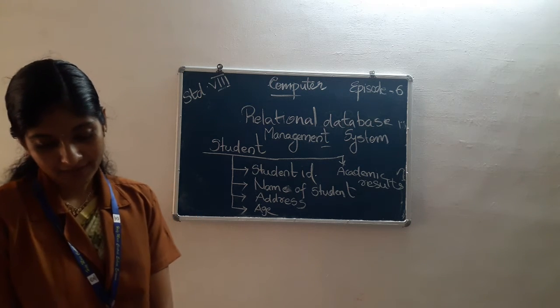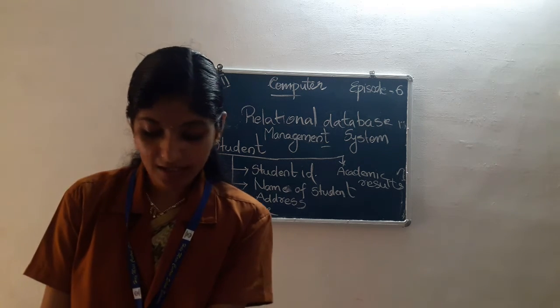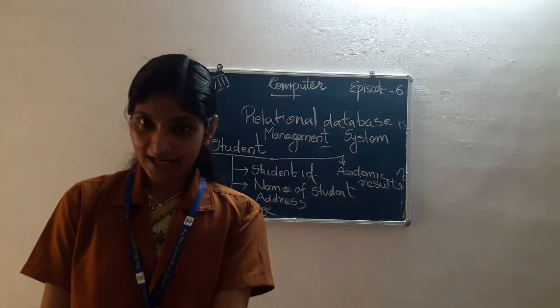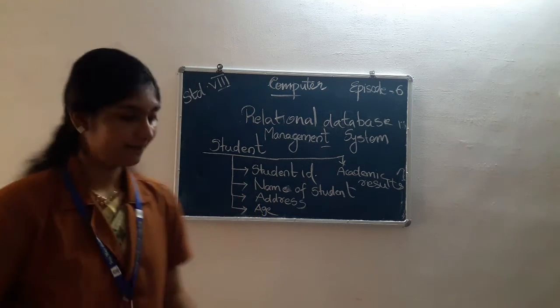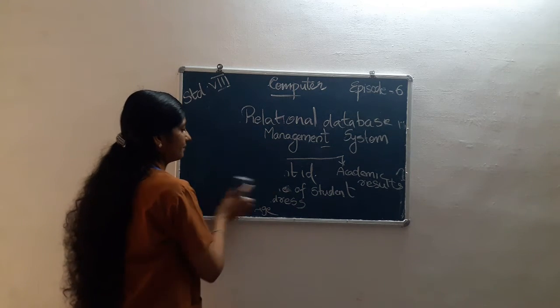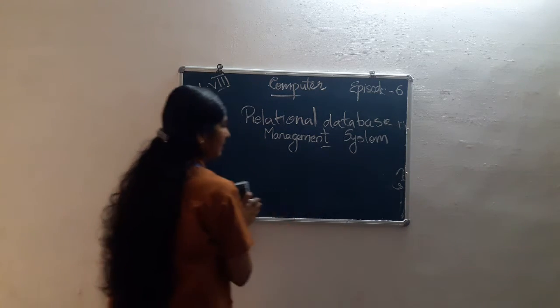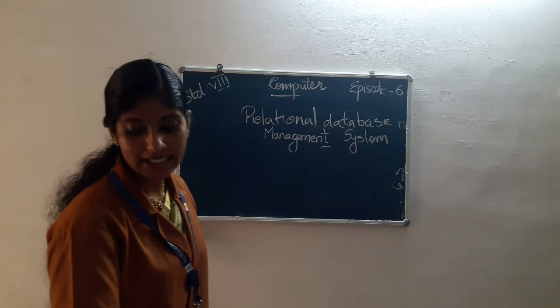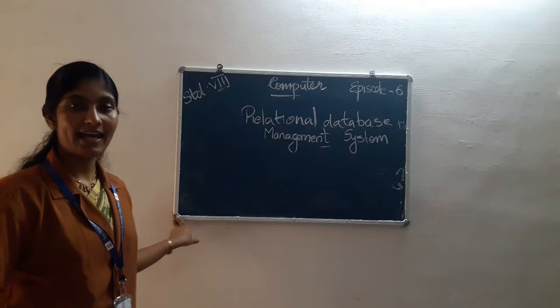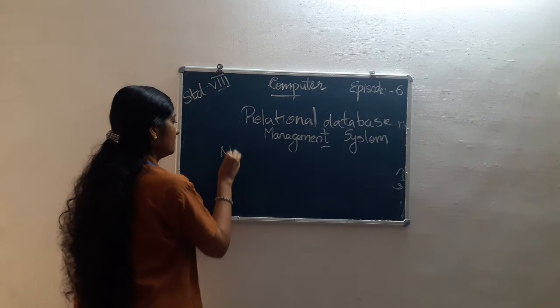So here there is a table in your textbook. Look at that table. It contains 3 details: name, age, class. So in a table, that means it contains 3 details: name, age and class.